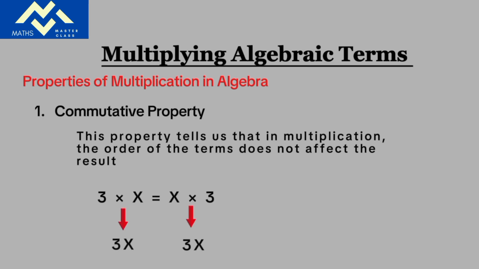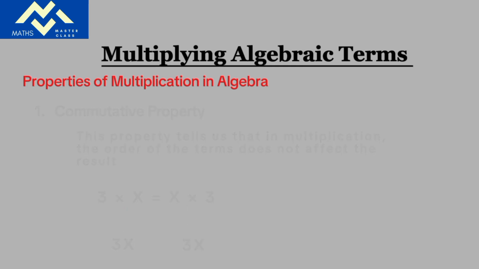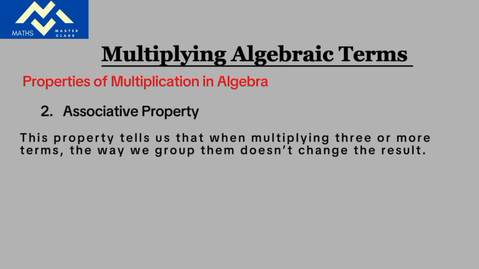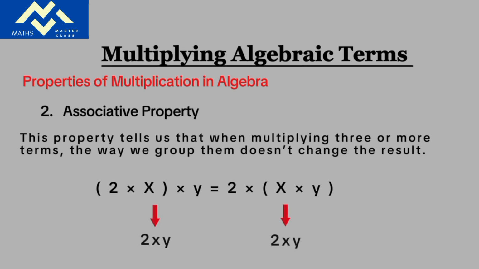Both simplify to 3x. 2. Associative property. This property tells us that when multiplying 3 or more terms, the way we group them doesn't change the result. Example, (2 times x) times y equals 2 times (x times y). Both simplify to 2xy.